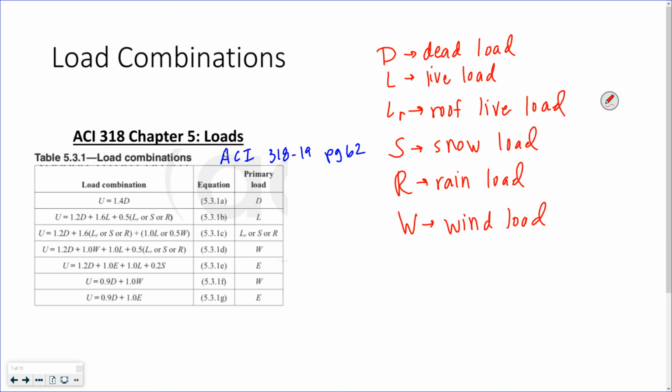Since tornadoes are very hard to predict, hurricanes are a little bit larger. They tend to happen more regularly. And E is our earthquake or our seismic load.